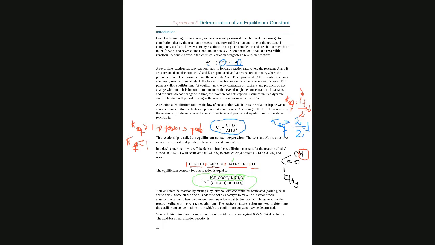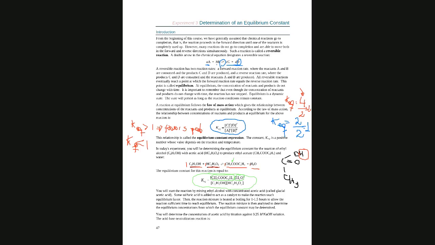Okay, so basically we are mixing that, and we are going to determine in this experiment the concentration of acetic acid using a titration with sodium hydroxide, 0.25 molar. So we're going to do 3 titrations.